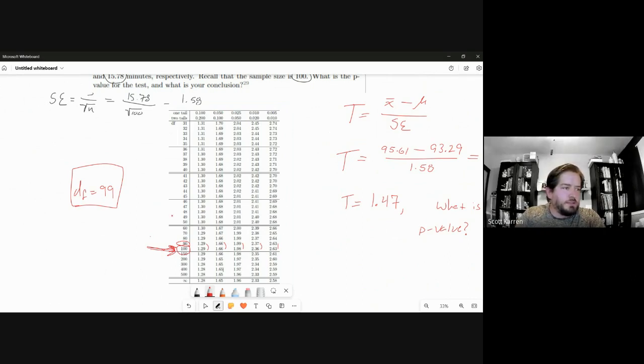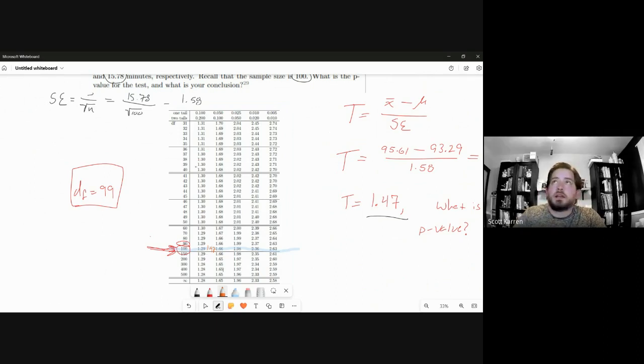And so that tells me that number is, if I'm concentrating just on that column of degrees of freedom of 100, saying 99 is close enough, then the value of 1.47 is somewhere between the first and the second column, right?